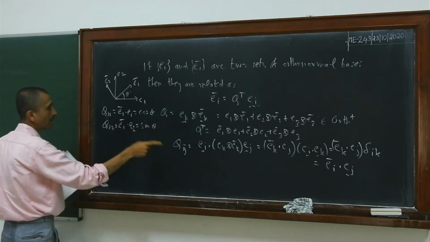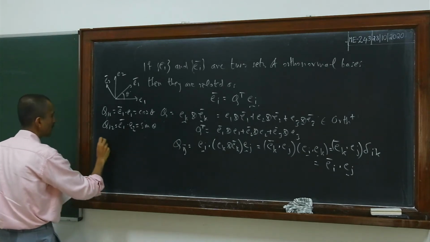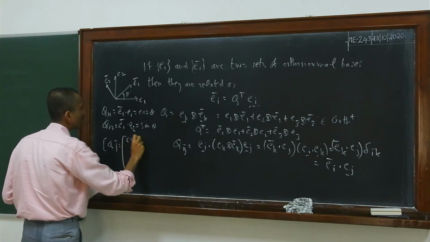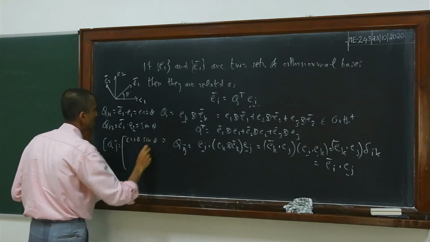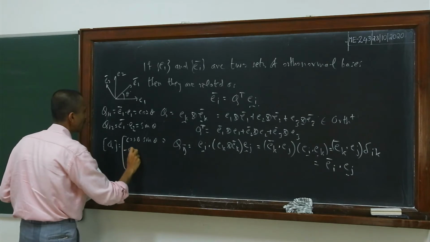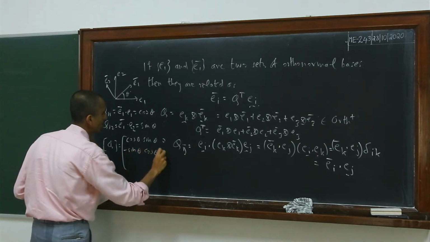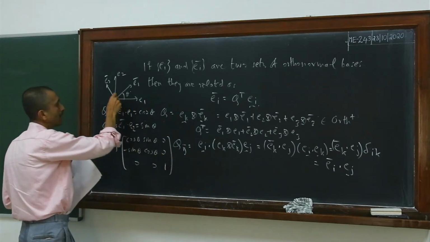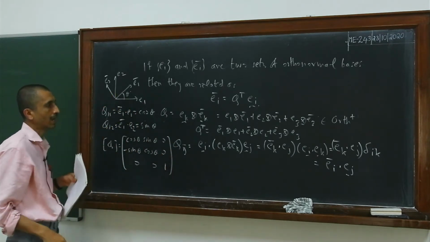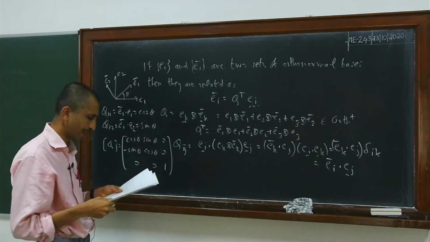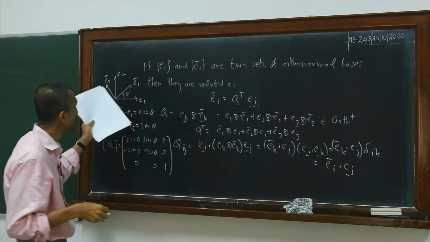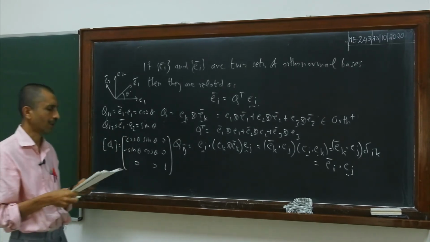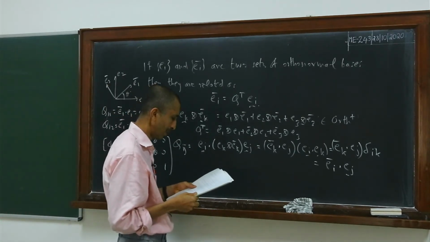So basically the matrix of components of this Q will be cos theta, sin theta, 0, minus sin theta, cos theta, 0, 0, 0, 1, because the E3 and the E3 bar are along the same direction here. So this is just an example. Of course the transformation can be in 3D itself. Right now I'm just giving an example of a 2D transformation here.